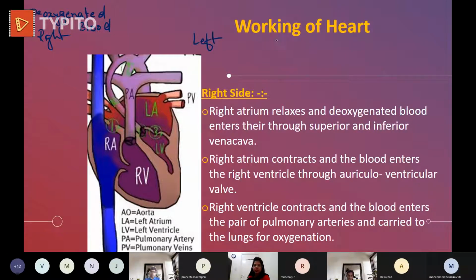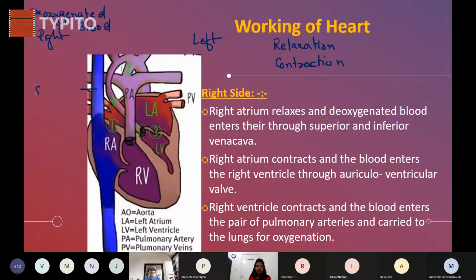So here I'm going to discuss two words: contraction and relaxation. The heart is relaxing, not much, just a few seconds, and the heart is also contracting. First of all, the right atrium will relax.